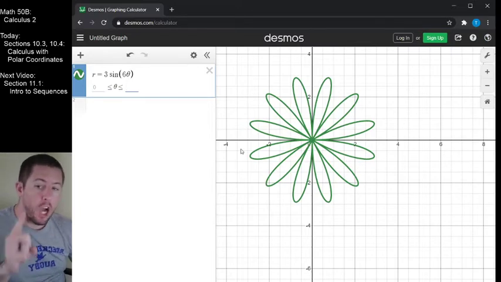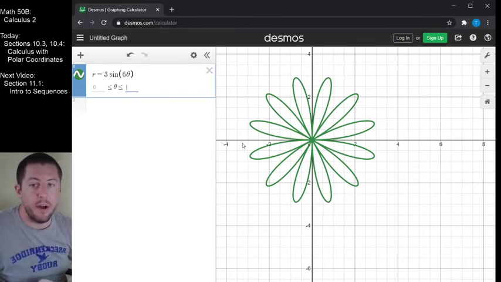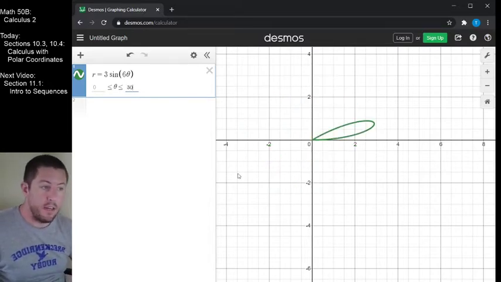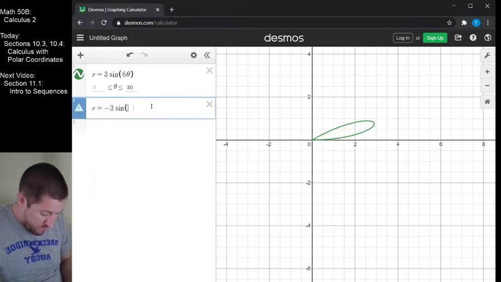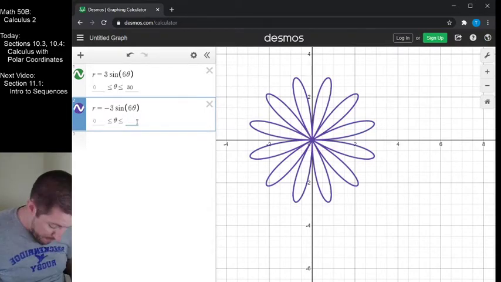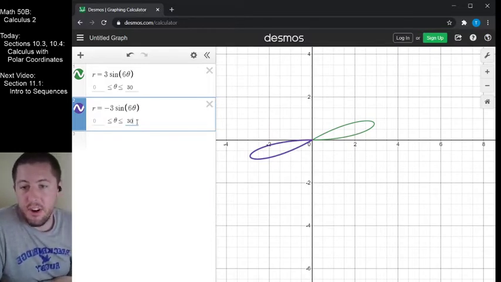The thing I want to caution you about right here is that you need to check out these types of bounds in Desmos yourself. It could be the case that you would have actually gotten 2 loops if you did 0 to 30.